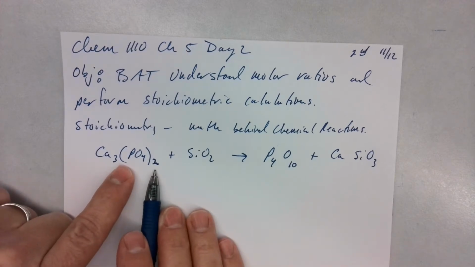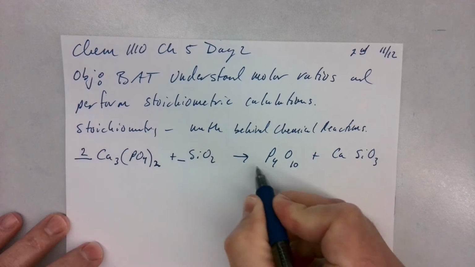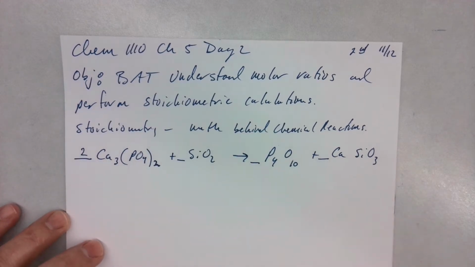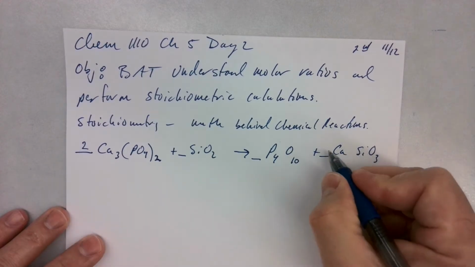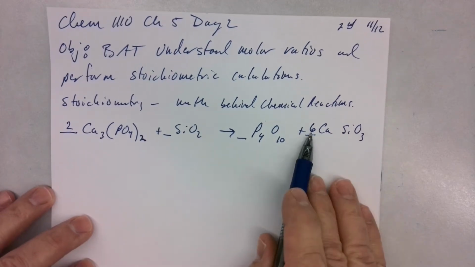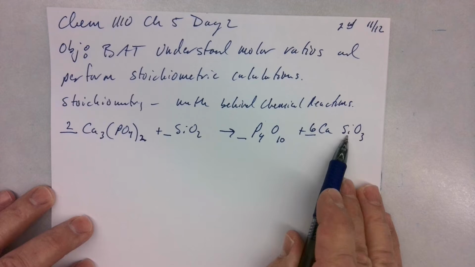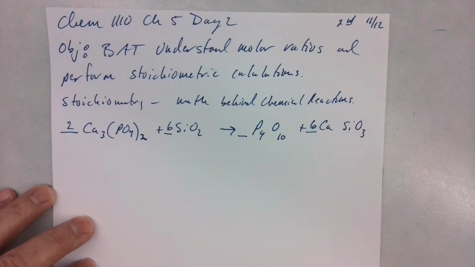Over here I've got 2, which means I probably need at least a 2 right there, right? Correct? Okay, but then that gives me 6 calciums. So I'm going to put 6 calciums in there, right? But then that gives me 6 silicons, so I'm going to put a 6 for that 6 silicons, correct?